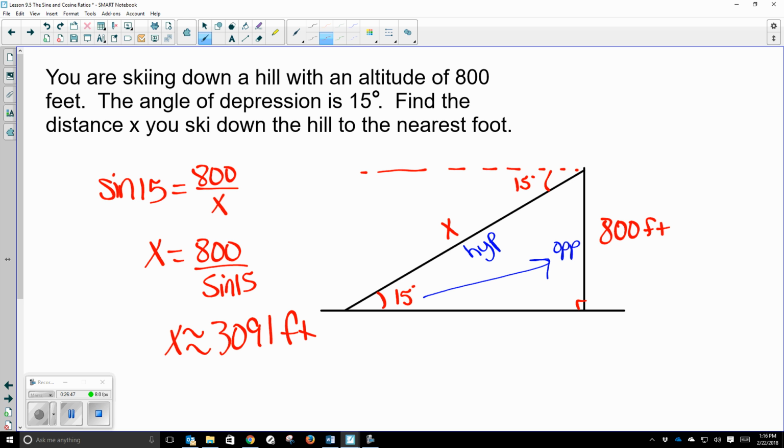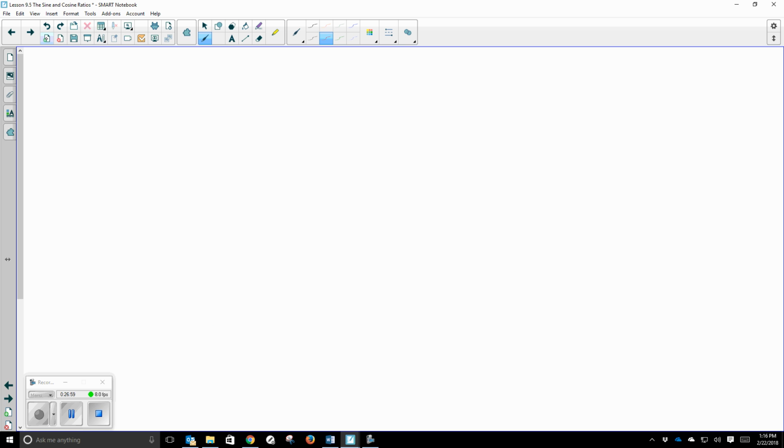All right, I bet you want to know, how are you going to remember sine is opposite over hypotenuse, cosine is adjacent over hypotenuse, and tangent is opposite over adjacent? You guys still writing that down? Well, do you know how to spell SOHCAHTOA? Of course not. Okay.